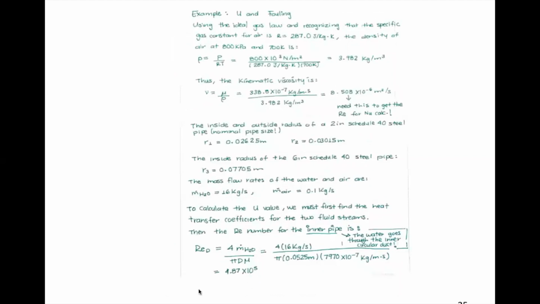Now we are ready to get the Reynolds number for the annular space. Reynolds of the annular space is the mean velocity times hydraulic diameter divided by kinematic viscosity: Reynolds of 1.7 times 10 to the 4. So if you already realized, our two fluids, it was 4.8 times 10 to the 5, and this is 1.7 times 10 to the 4. Both are turbulent, there's no doubt about that.